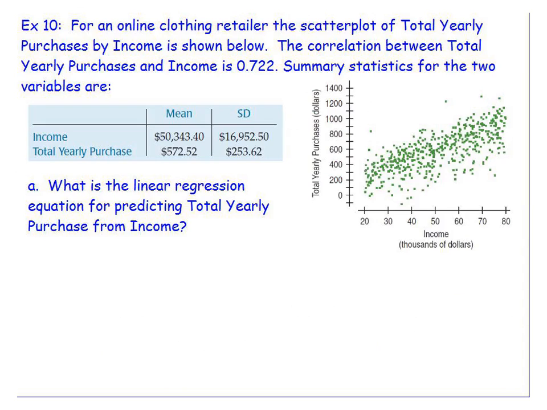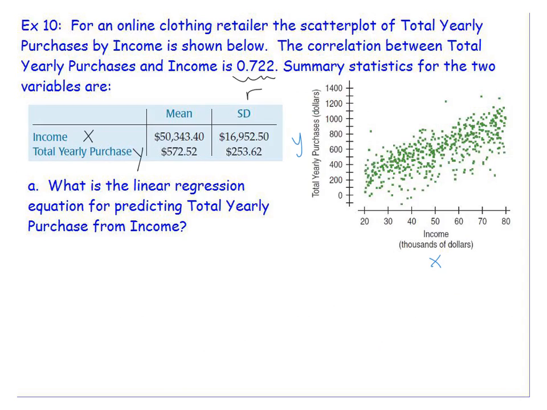So again, it's asking what is the linear regression equation? So again, income is X's, yearly purchases is Y. So I'm going to label that. The means and the standard deviations are labeled, and this guy up here, that's my correlation, so that's the letter R.